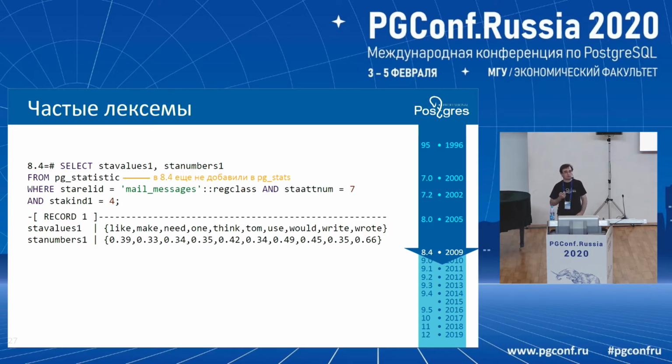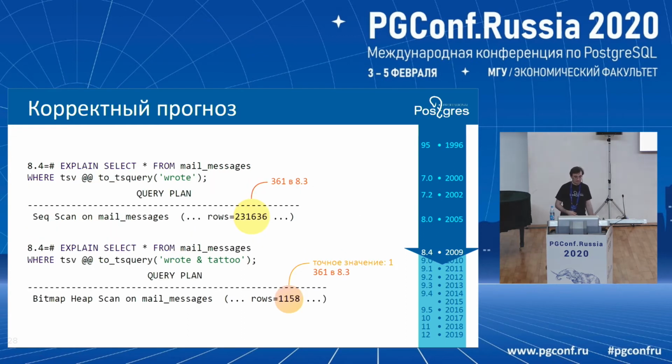The main difference from what we had before is that we were trying to get the frequency of the meaning, and now we're trying to get the frequency of the actual words. And we understand that these lexical units, words or tokens, allow us to correctly forecast.